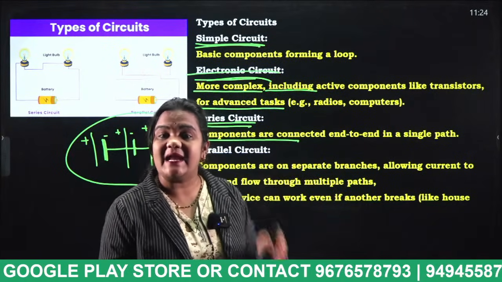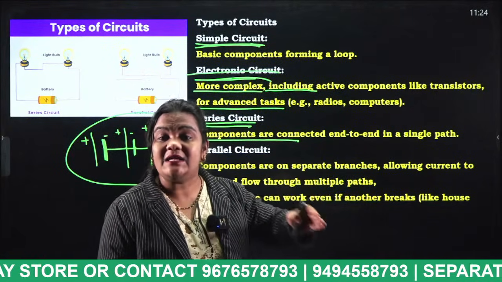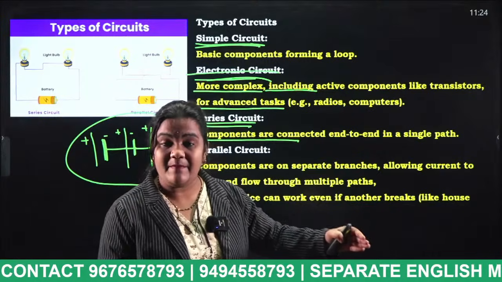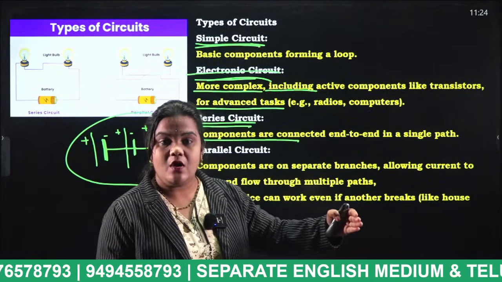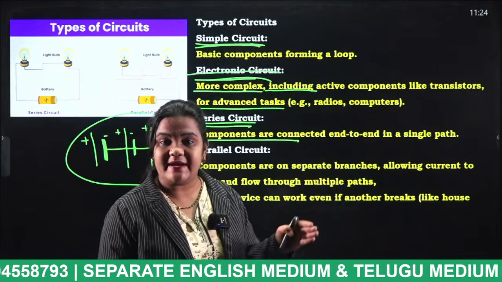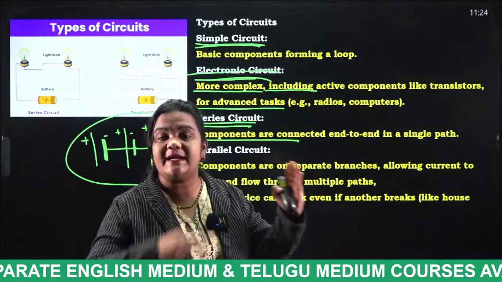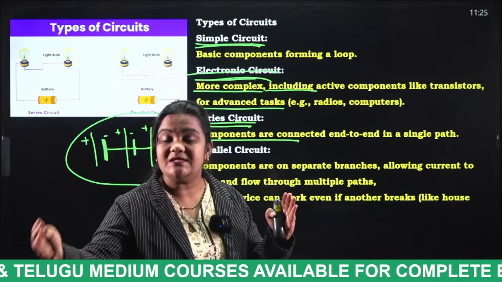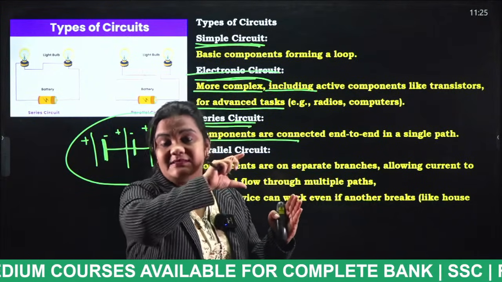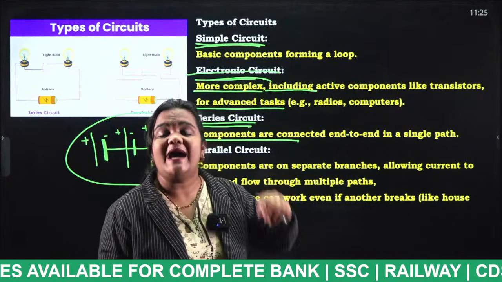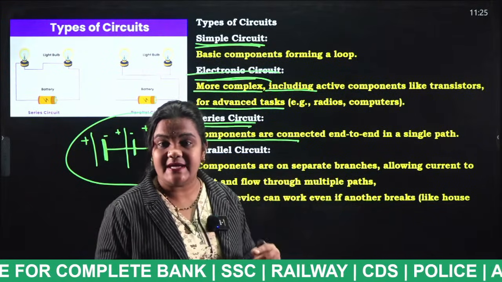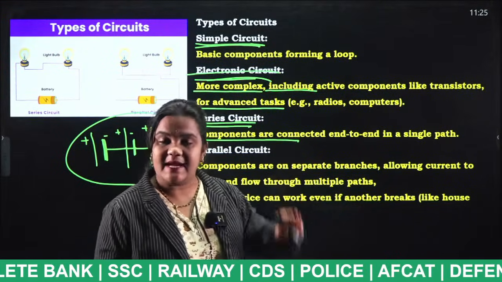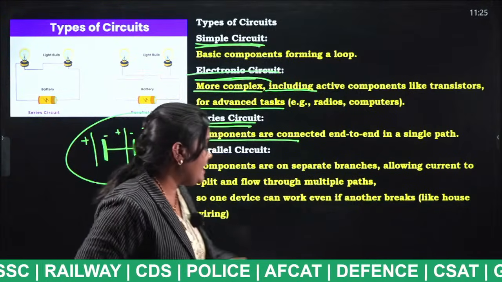In series connection, the passage of current will be the same. What is happening in the series connection? The positive charge is connected to the negative charge, and the negative charge again is connected to the positive charge. If this is happening in sequence, that type of connection is considered as series connection. And what do you mean by parallel connection?